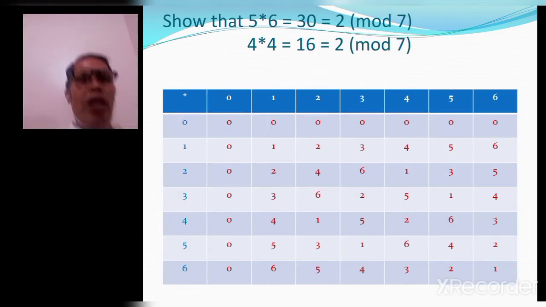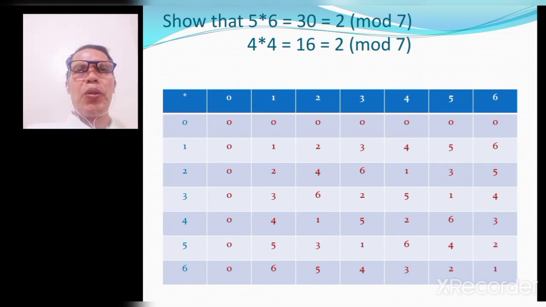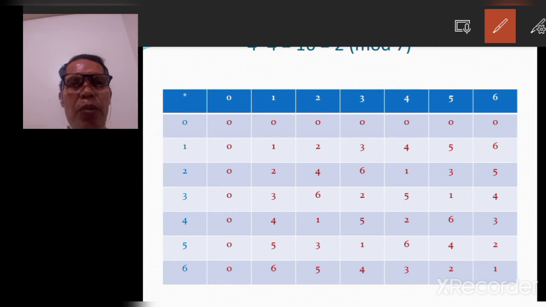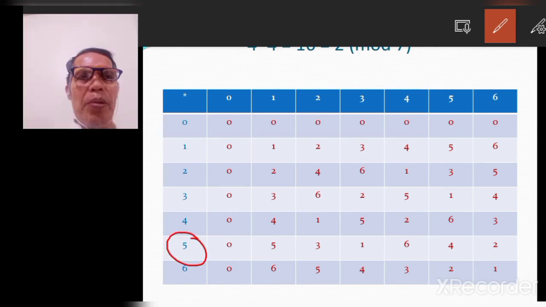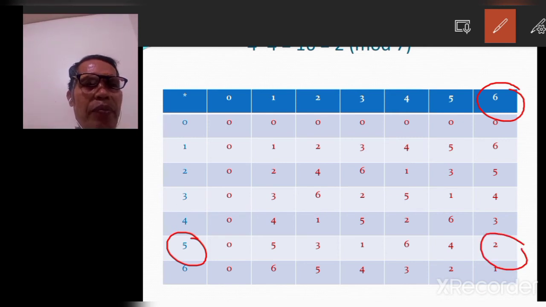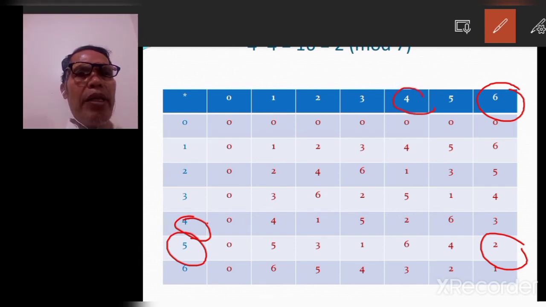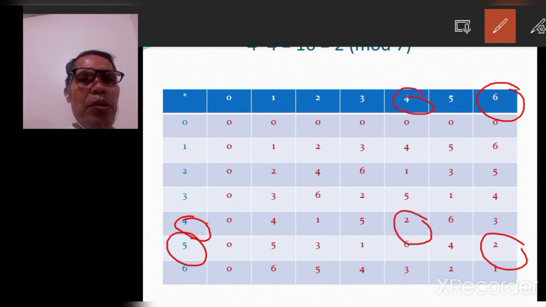Okay, next. Now we are going to show that 5 times 6 equals 30, which is congruent to 2 modulo 7, and 4 times 4 equals 16, which is congruent to 2 modulo 7. So we have to show 5 blue times 6 white equals 2 red, and 4 blue times 4 white is equal to 2 red.